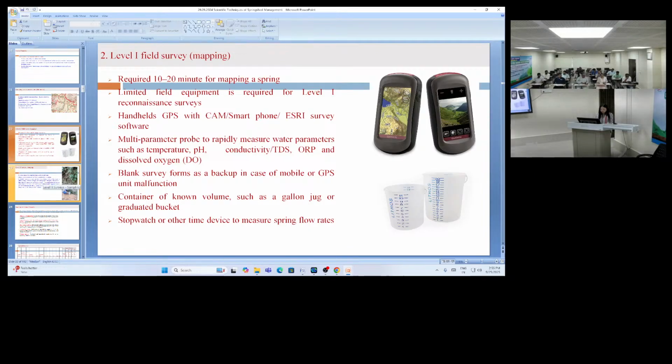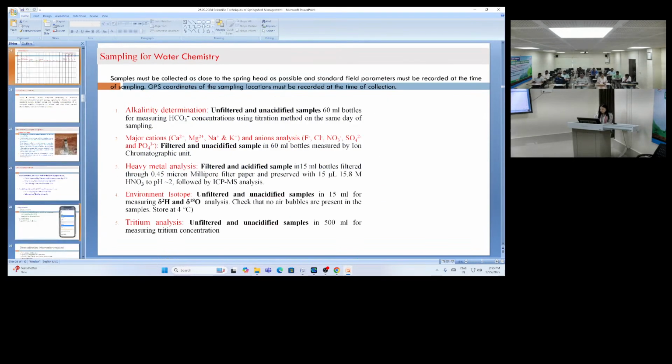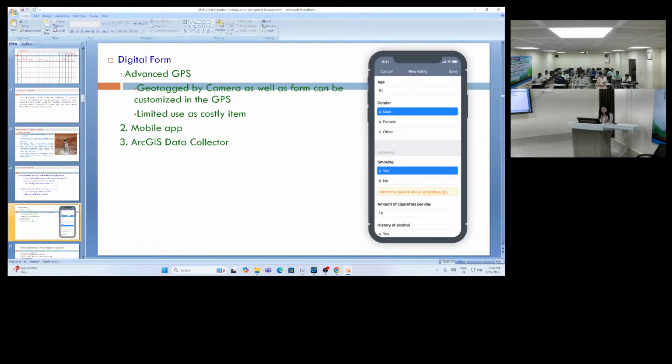See, for field survey mapping, you can use your GPS. Then for measuring the discharge, you can use the volumetric method. Then this is the mobile app, which you can use for inputting your data.